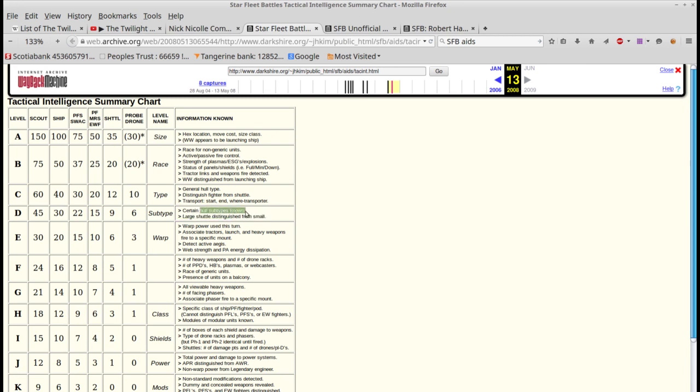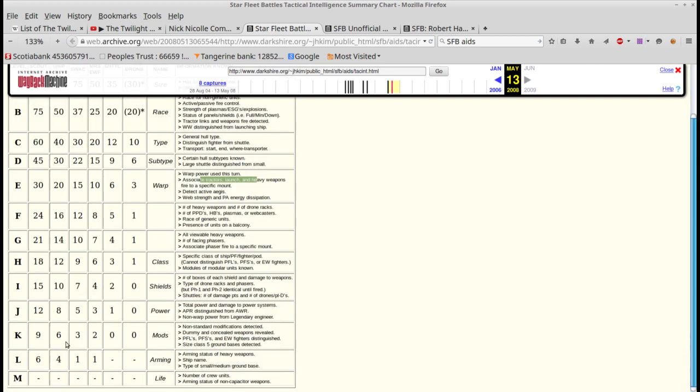But once you're within a certain range, you get to know the specific hull type. You get to know warp power available. Once you get really close, like under range 4, you get to know the arming status of non-capacitor weapons. So you get to know what the arming status of a Hellbore is, or a plasma torpedo.